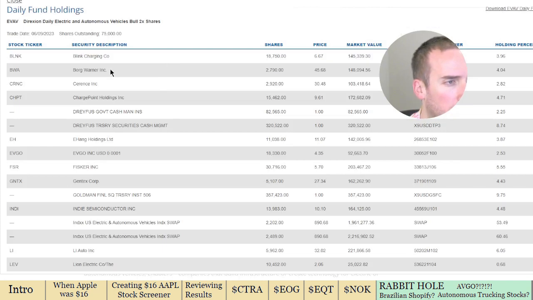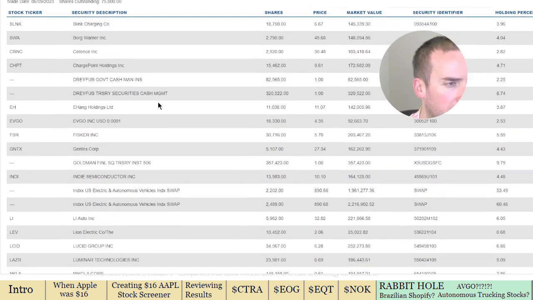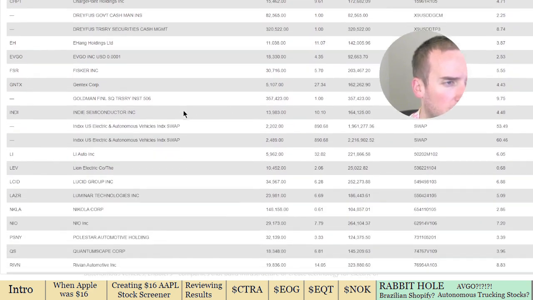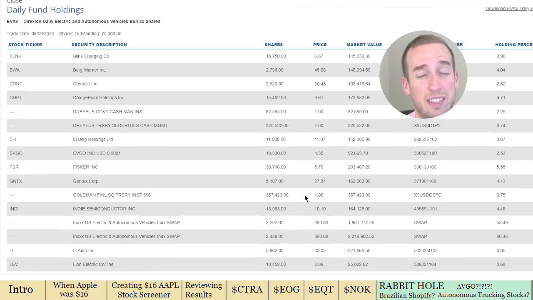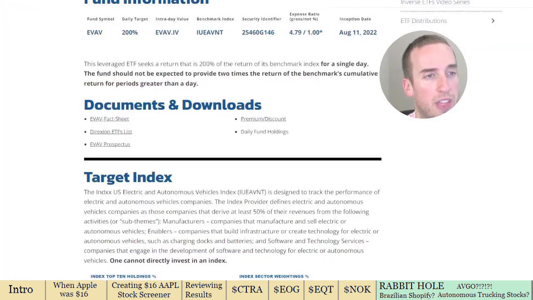Blink Charging, BorgWarner, ChargePoint, AVGO, Fisker, Goldman, Lucid, Nikola. It's holding Nikola? Neo? Wow. It's barely holding Tesla? I'm disappointed in whoever put that fund together.